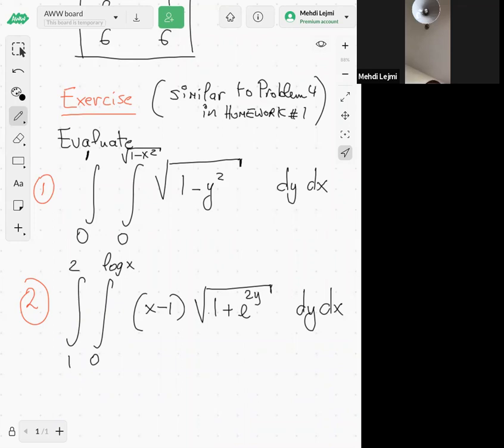But in this case, yes, that's one way to evaluate this integral. You can try to use polar coordinates, but we see polar coordinates after the triple integrals anyway. The goal of this exercise is really just to change the order of integration, right?